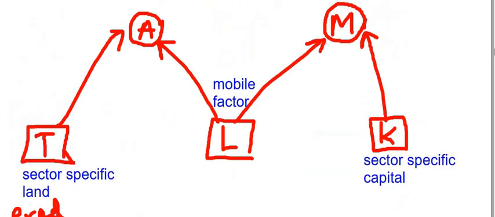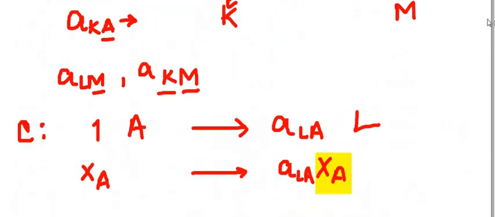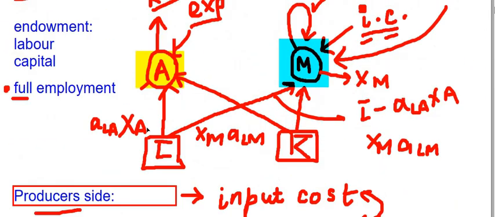As you can recall, the production sector we had assumed in the 1965 model used labor and capital.